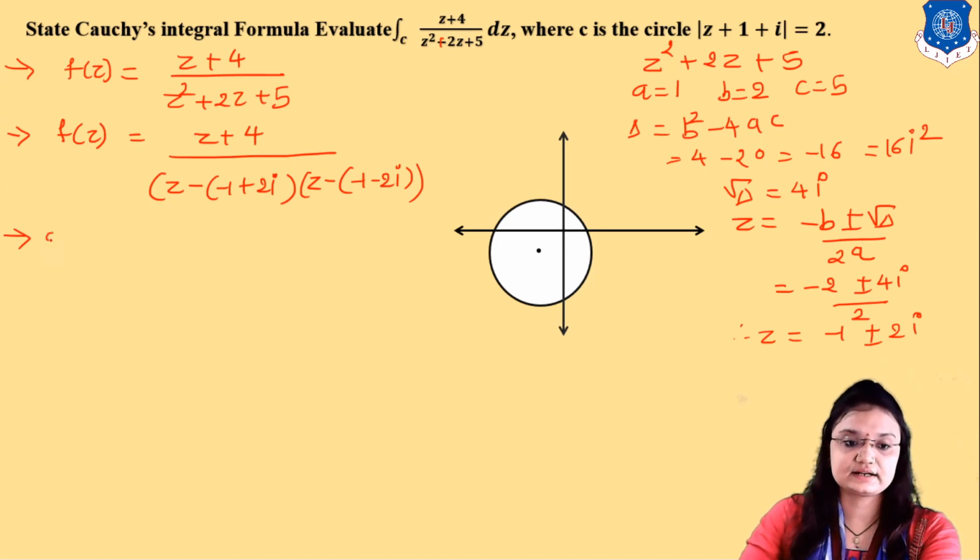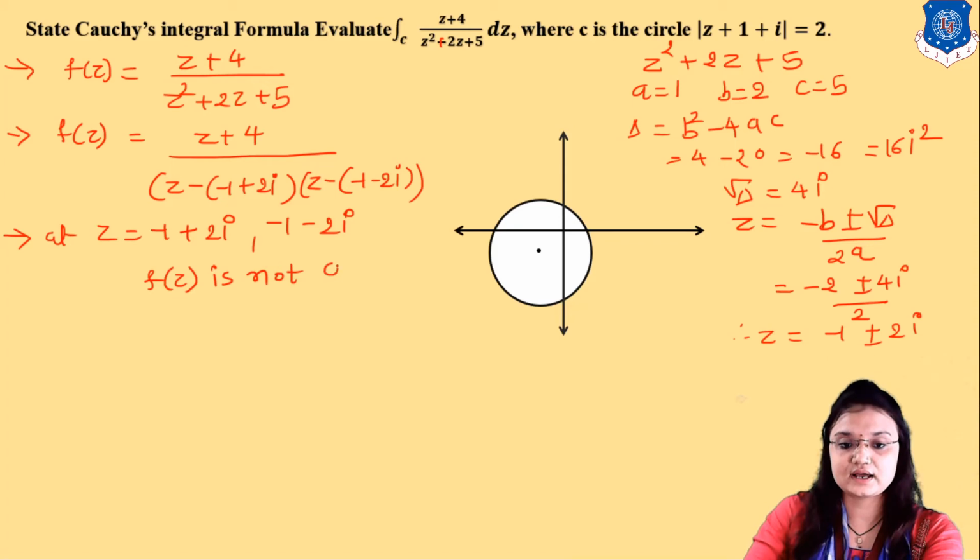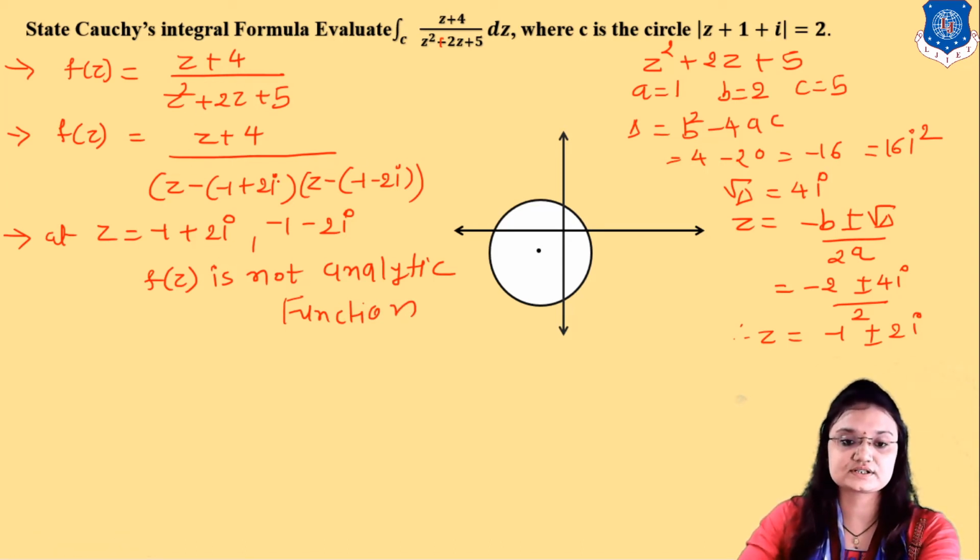Now we can say that at z = −1 + 2i and z = −1 − 2i our function f(z) is not analytic, because if we put z = −1 + 2i here, we get 0 in the denominator, and for −1 − 2i we again get 0 in the denominator. So we can say that at z = −1 + 2i and z = −1 − 2i our function f(z) is not an analytic function.